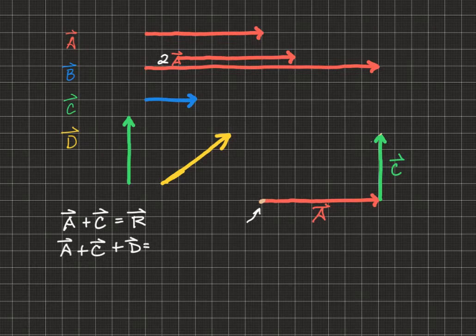So what if we want to add vector A plus vector C plus vector D? Let's make a duplicate first of D. Then we can move that duplicate and put the tip of vector C and the tail of vector D together. The resultant vector would then be this. Look at that.